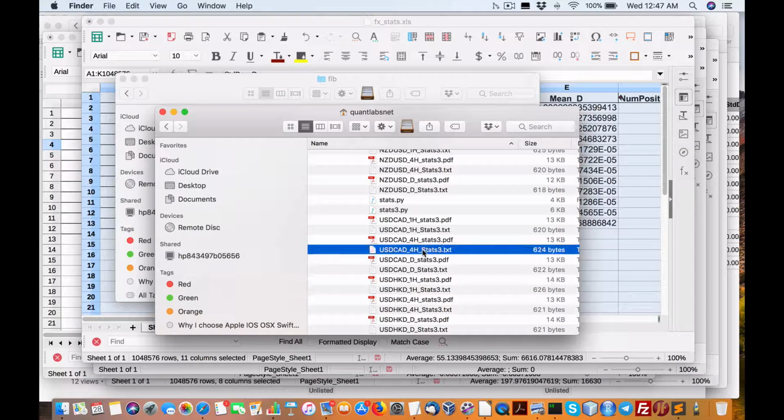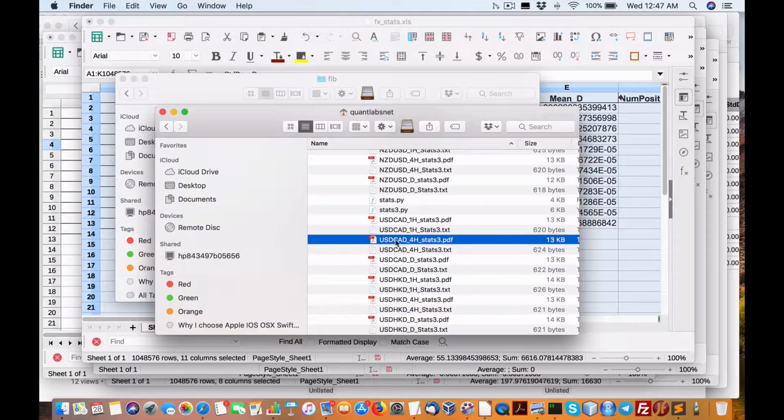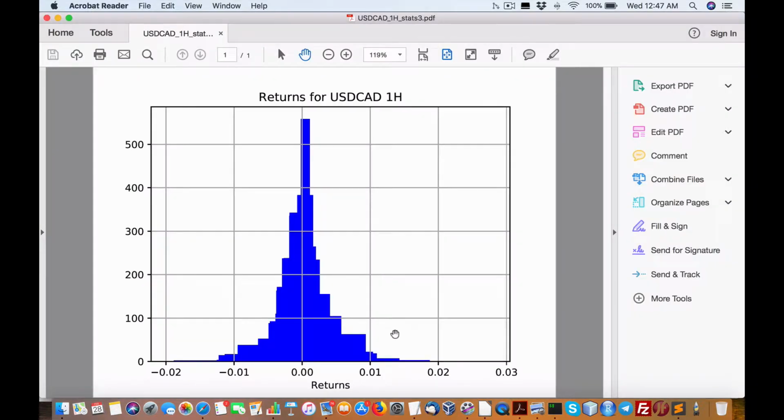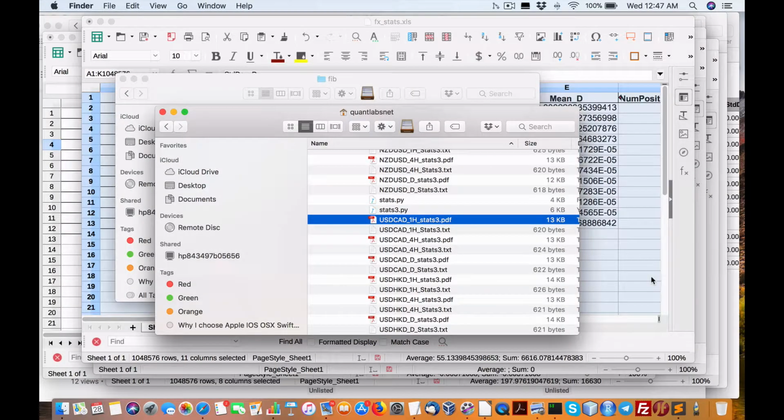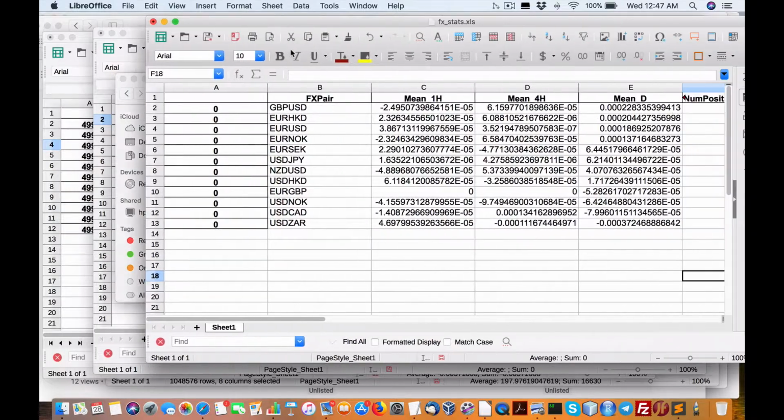Whereas if we did, let's say, a 4-hour, again, we wouldn't know. We wouldn't see this. But the data clearly reveals that this has the steepest curve on the daily chart, which is quite odd.